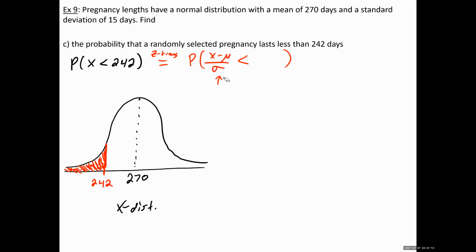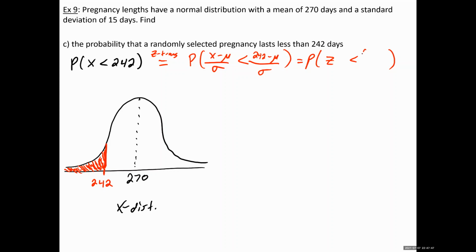What goes in the second space? 242 minus mu over standard deviation. 242 minus mu over sigma. All right. Which one of those turns into Z? The one that has the X. Now that whole mess is gone and it's just a Z. So see, we transformed it to a Z problem.